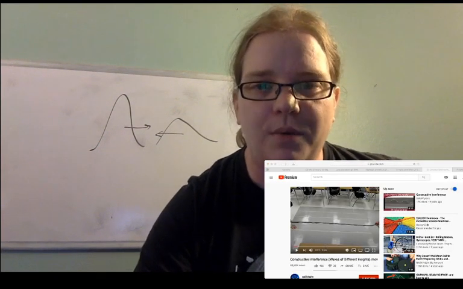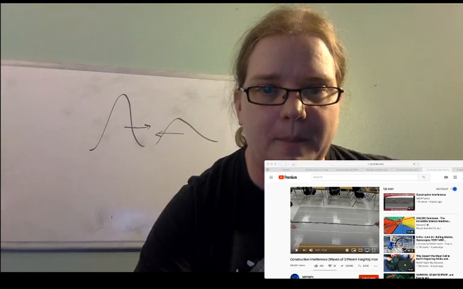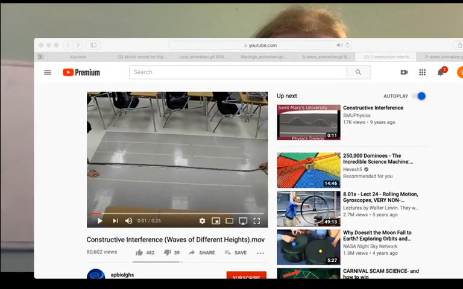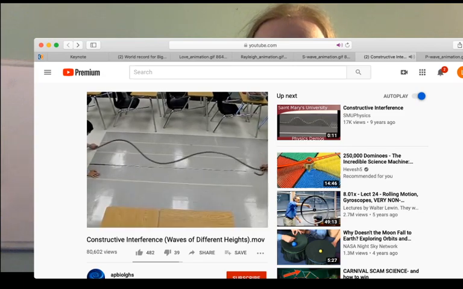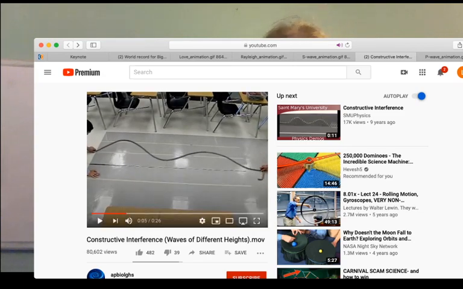Okay, so what we have here is the same situation. We've got the tall, relatively skinny wave on the left, and then the shorter, wider wave on the right. And then we're going to see what happens when they hit each other.